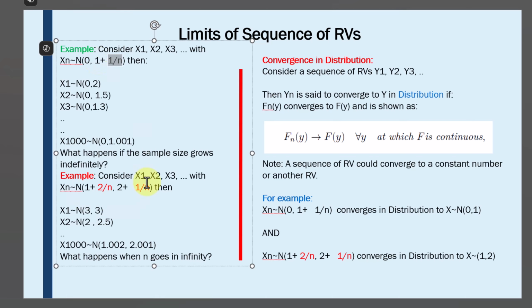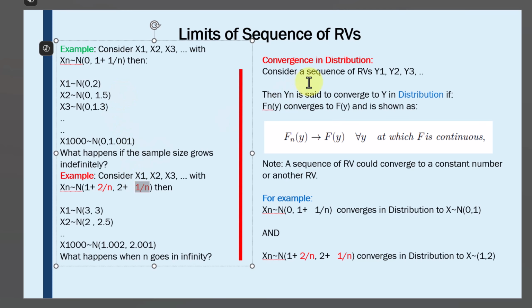A similar example: X1, X2, X3, and so on, which has a normal distribution with mean 1 + 2/n and standard deviation of 2 + 1/n. The same way, as we increase n, that affects both the mean and standard deviation. You see that the sequence approaches a normal distribution with mean 1, because this part would go to 0, and a standard deviation of 2, because this part would go to 0.